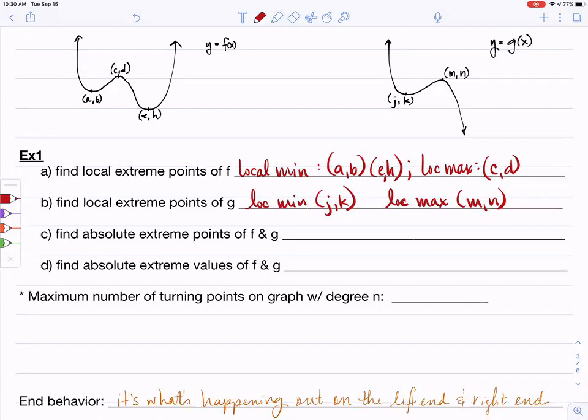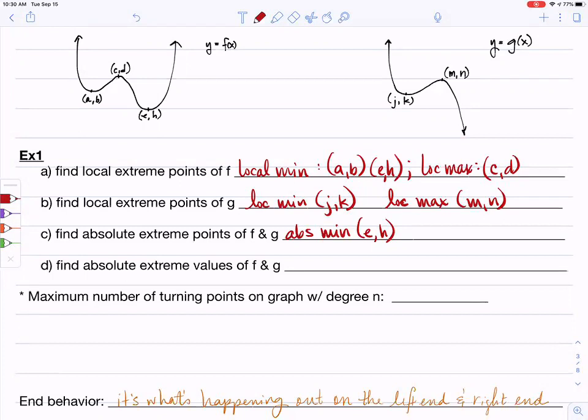The absolute min. All right, so we have an absolute min at the coordinate EH. And then for graph G? I think that JK would be an absolute min. Okay, so you feel like JK is as low as it goes. There's no other point that goes lower than JK. I don't think that there is.